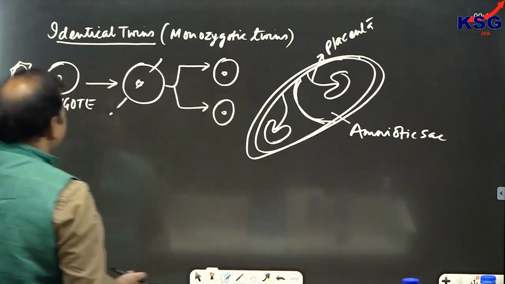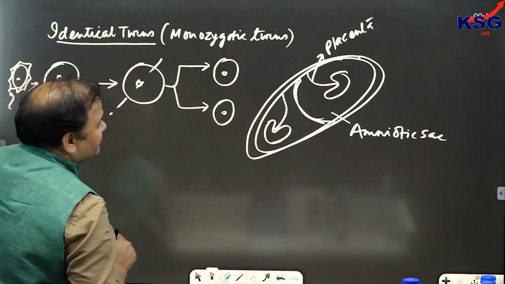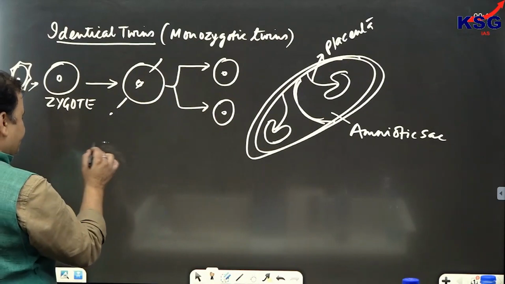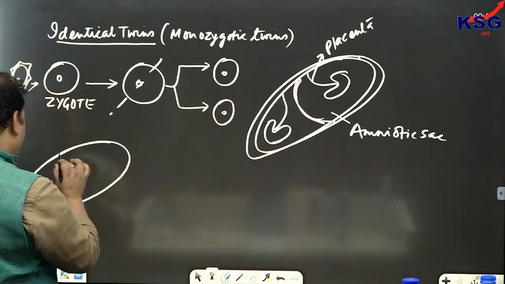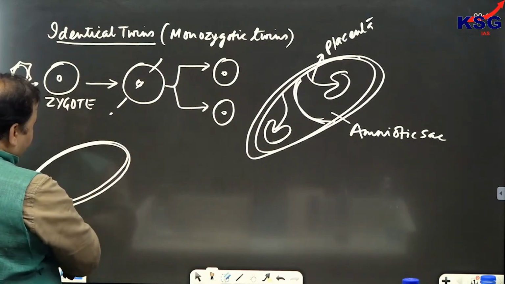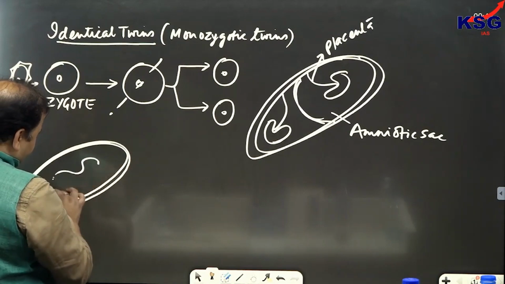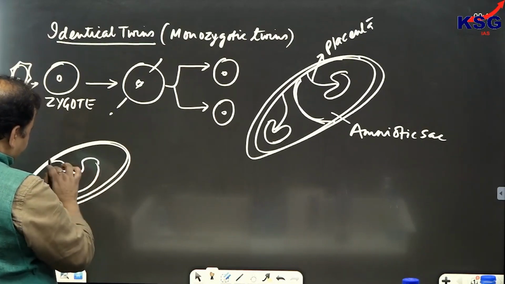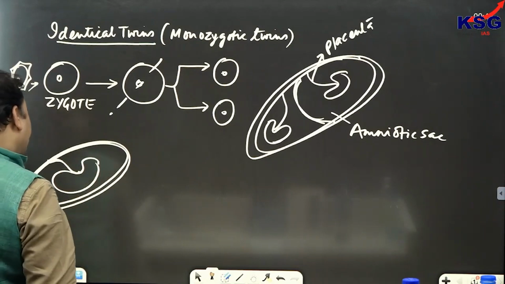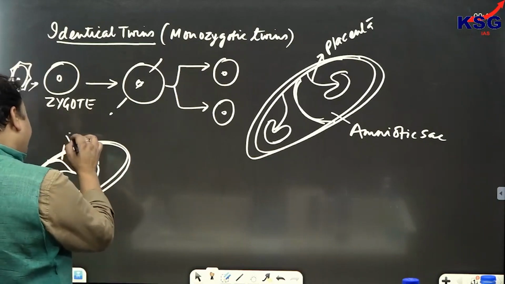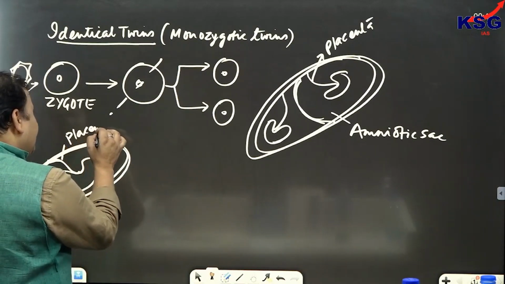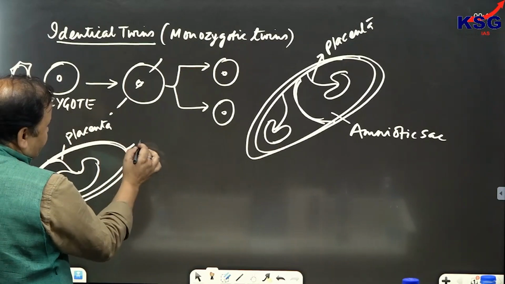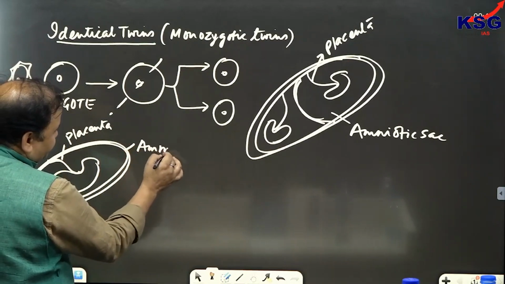They look similar. But sometimes, see, when we talk about the womb of the mother, this is the womb of the mother, this is the fetus, this is the umbilical cord, which is also called the placenta. Inside the womb there is a sac, which is called the amniotic sac.